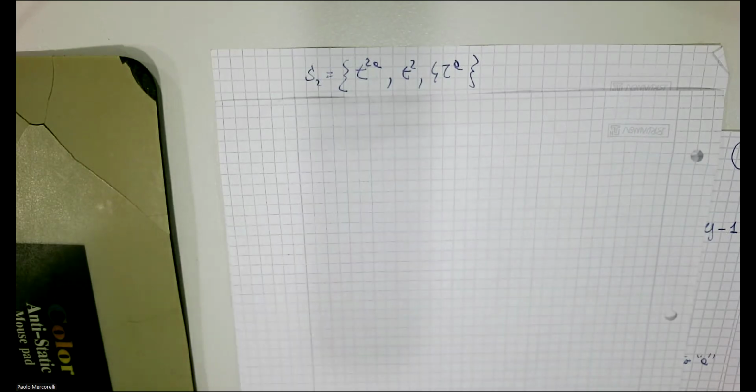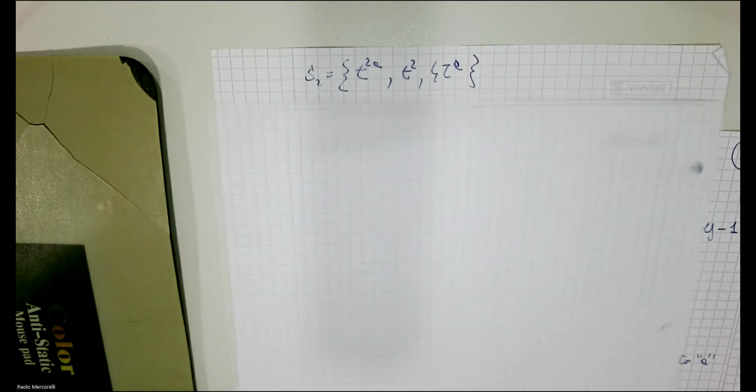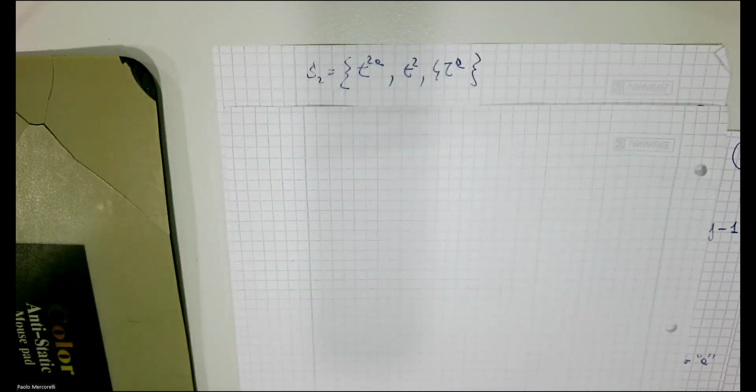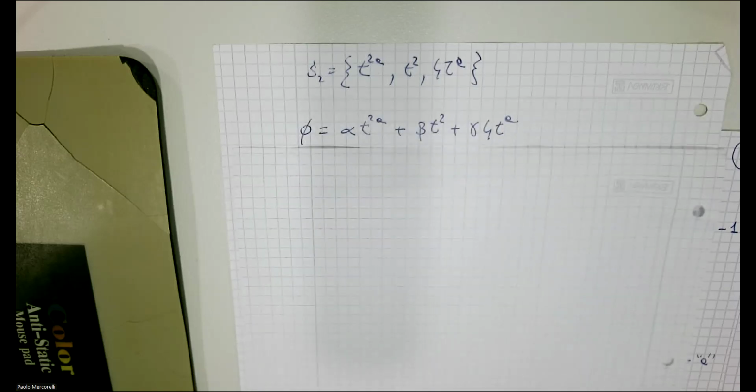Look at this. This is more difficult, but the same concept. Dependent or independent. Definition is always the same. I will try to do a combination instead of alpha 1, alpha 2, I am considering alpha, beta, gamma. It doesn't matter. You can use also A, B, C. No?